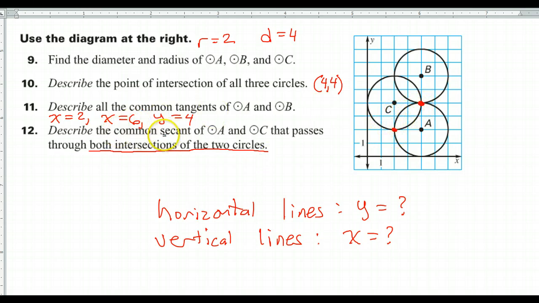This common secant, remember secant is a line that passes through the interior of the circle, passes through both of those intersections. So there's only one line that passes through both of these points. And so that must be what they're talking about. Okay, so that line would basically be like this.